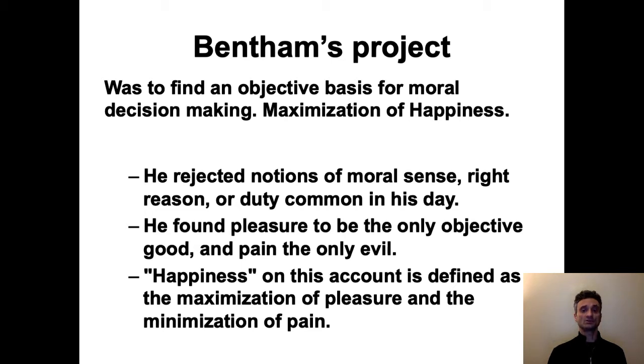We have to be consistent. And so we have to find not only a way to be objective, but also a way to be consistent. And the only way appears to be to maximize the happiness of all the individuals involved.